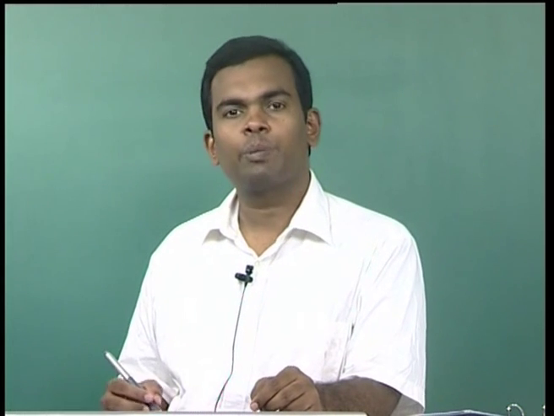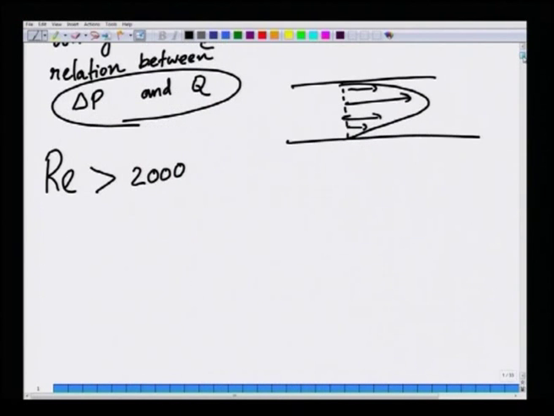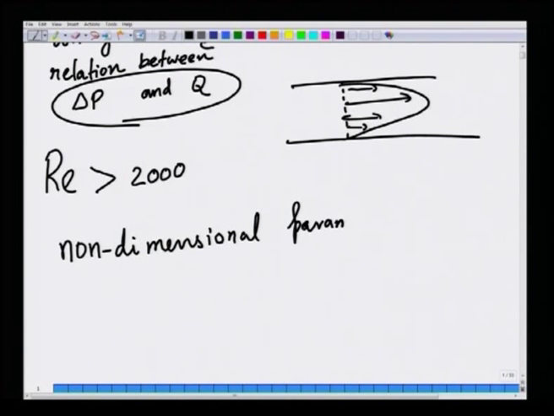Okay. Now, experimental data we showed in the last two lectures can be best characterized by non-dimensional parameters. So, the non-dimensional pressure drop is called the friction factor. Okay.